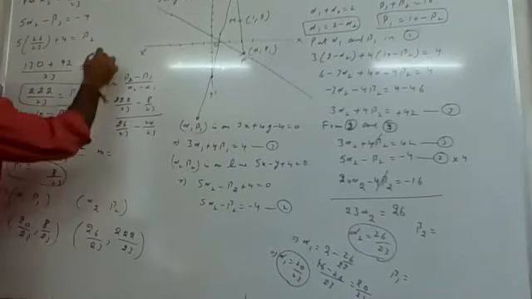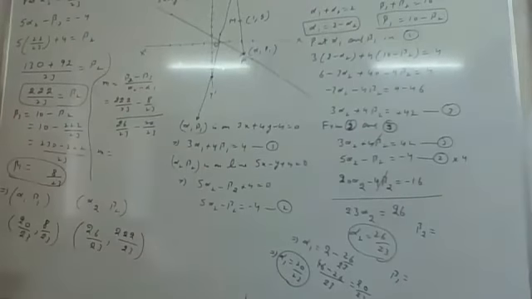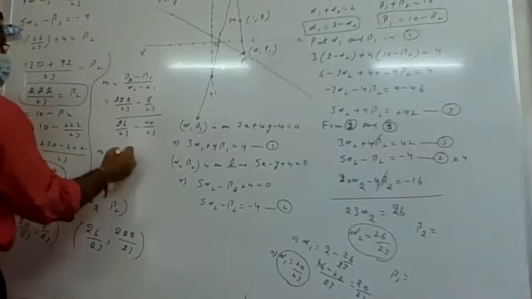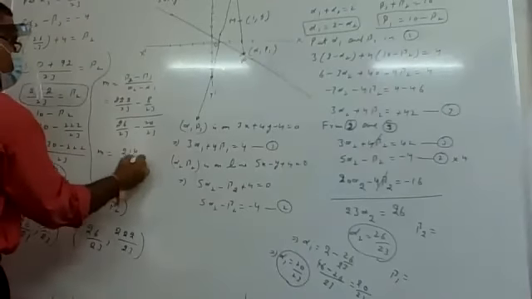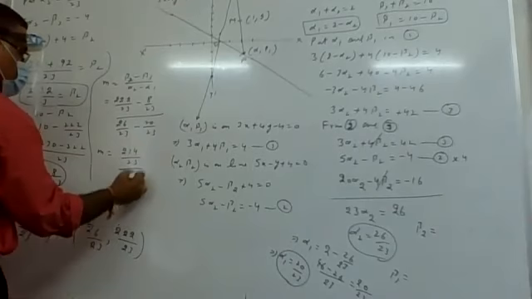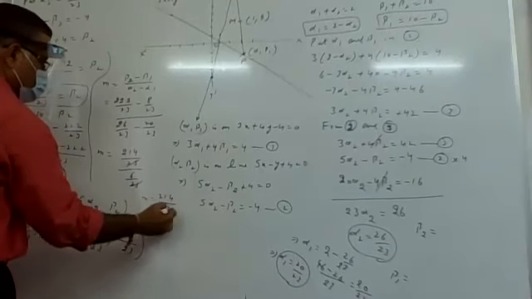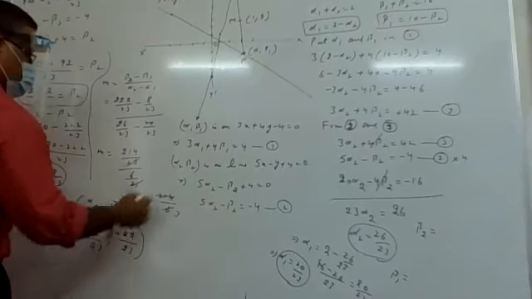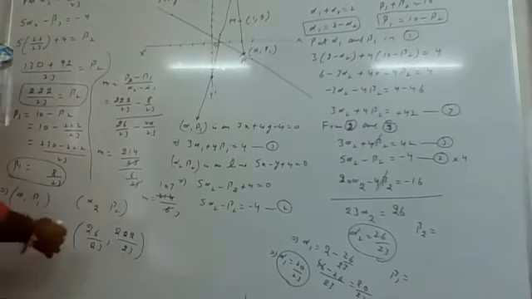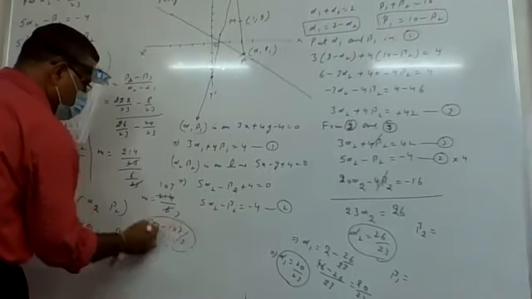So M is equal to, if you calculate the LCM, 222 minus 8. This is 214 upon 23, and this is 6 upon 23. It goes M is equal to 214 over 6. So M is equal to 107 upon 3.